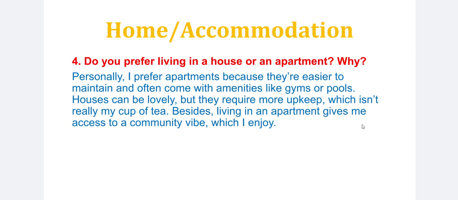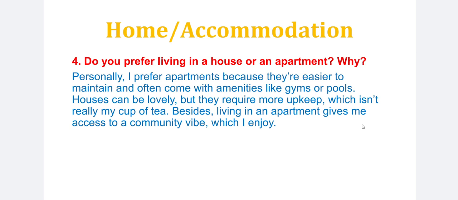Hopefully that's clear. But let's just say if you want to pick a house instead of an apartment, you can say, personally I prefer to live in a house rather than an apartment, because you can tell one or two benefits of houses and expand on that.